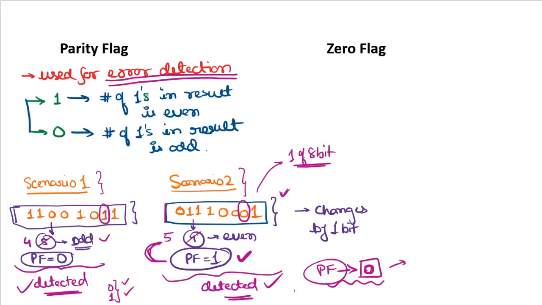But the probability of just one bit out of many getting changed is very low. That is why we generally assume that our parity flag has not changed. So all this error detection will happen based on the assumption that our parity flag remained intact.